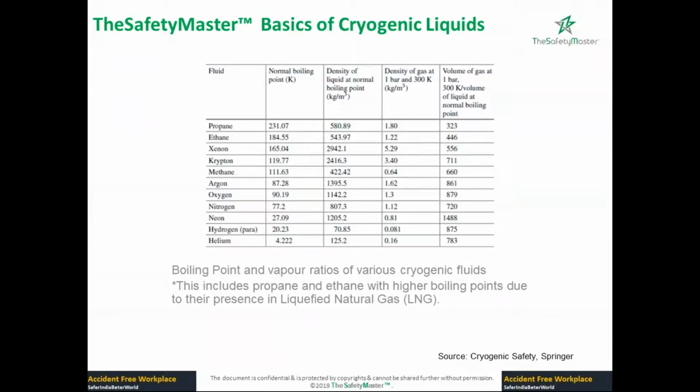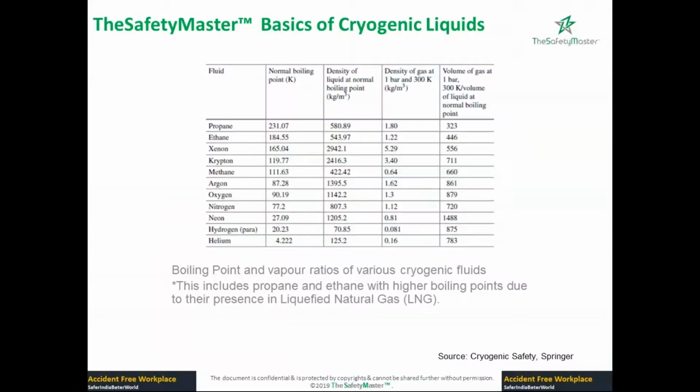Ortho and para exist in the gas form, but as you liquefy, it turns into para. That's a specialty of the molecular structure of hydrogen at low temperature. And then helium, which boils at 4.2 Kelvin, almost close to absolute zero. It's about minus 270 degrees centigrade.